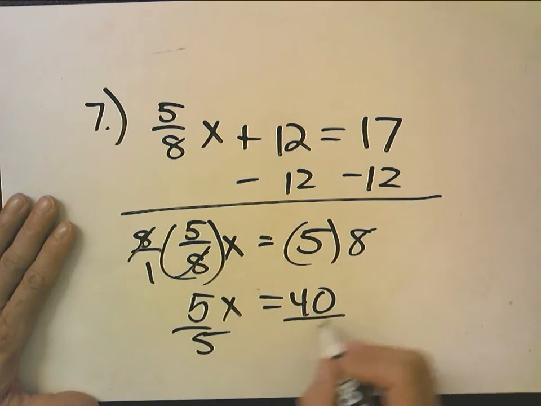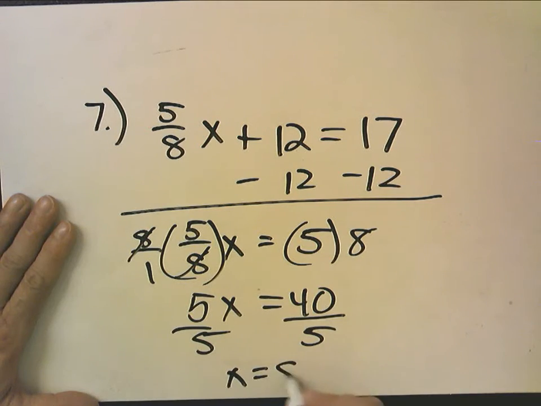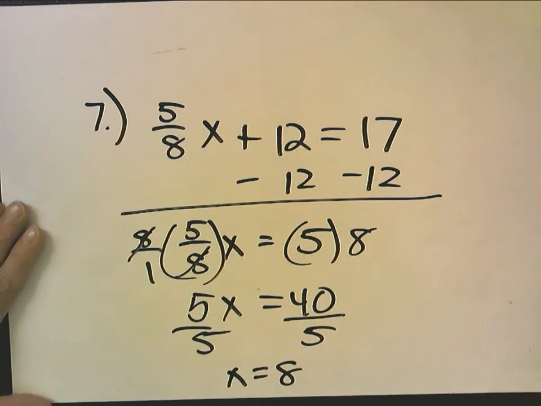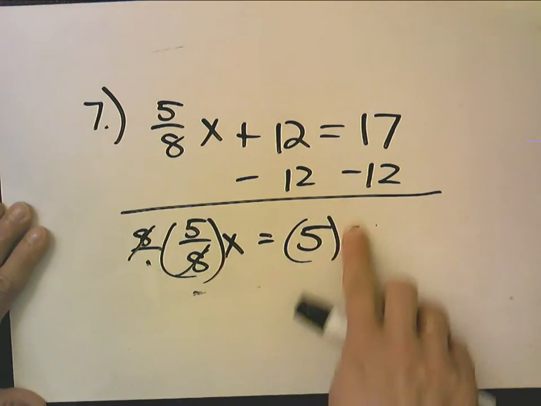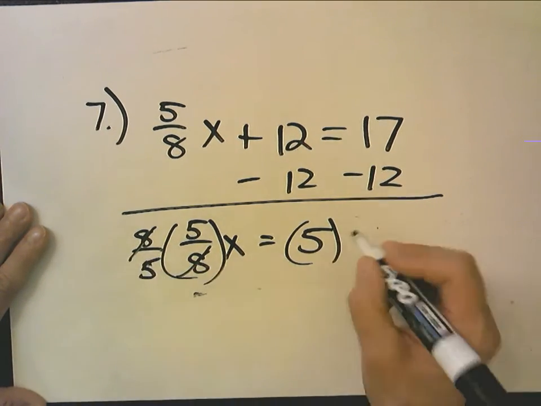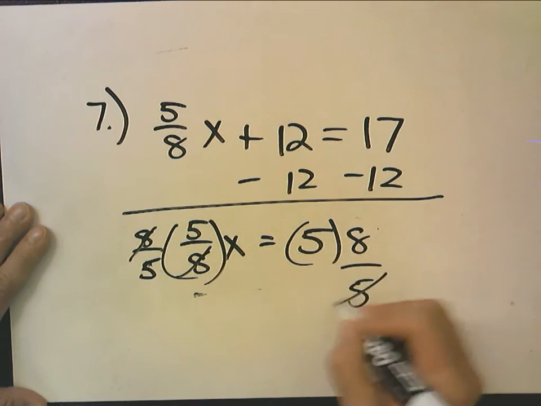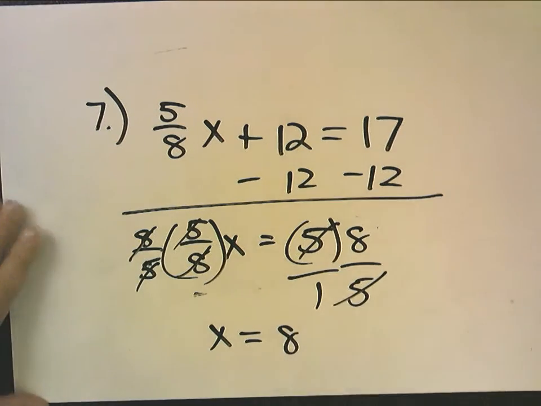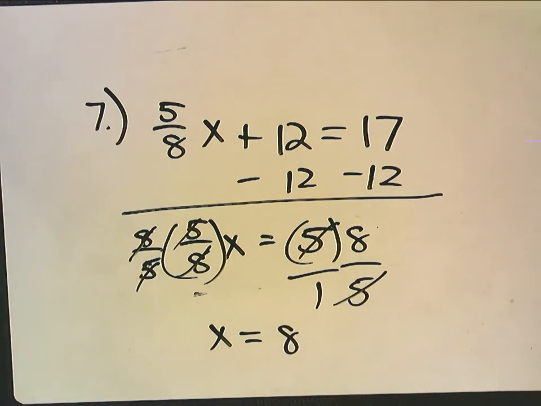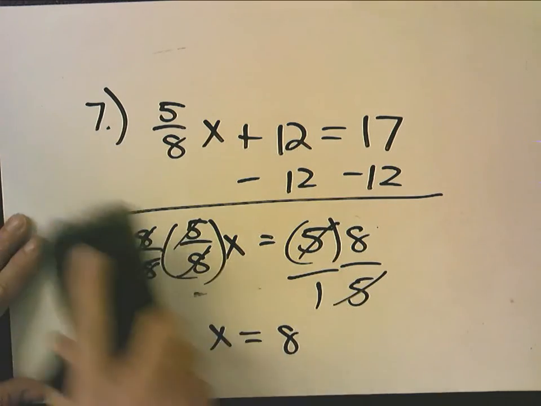Divide by 5, divide by 5, x equals 8. That's one way to do it. I could have multiplied by the reciprocal of 8/5. If I do that, I end up with x equals 8 in one step. But it depends, this is personal preference. Some of you would prefer to always multiply by the common denominator, and that would be fine in this case.